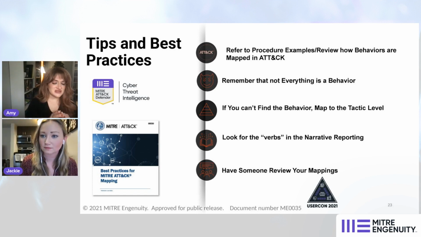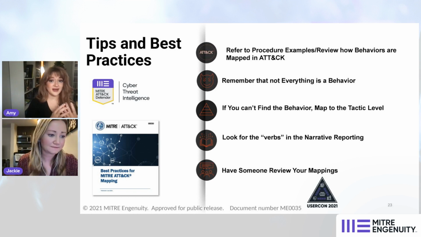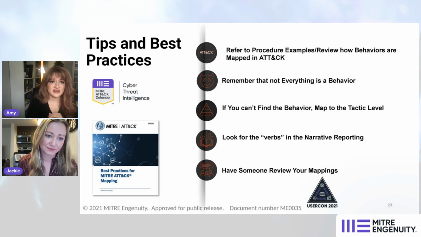When you're mapping, this can be incredibly helpful in determining if a behavior appropriately aligns with a technique or not. And in the same vein, looking through techniques and sub-techniques to see how ATT&CK performs technique analysis, and how we've mapped reports and similar activity in the past, can be really beneficial as well.